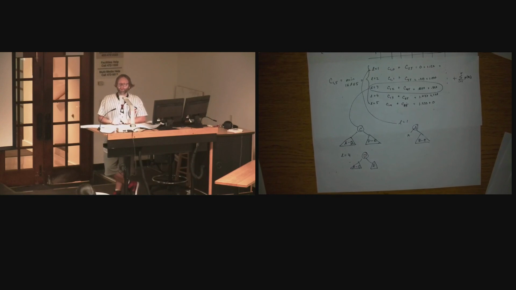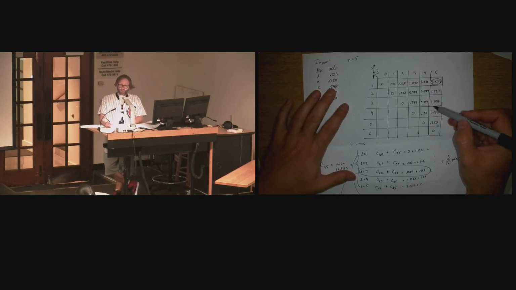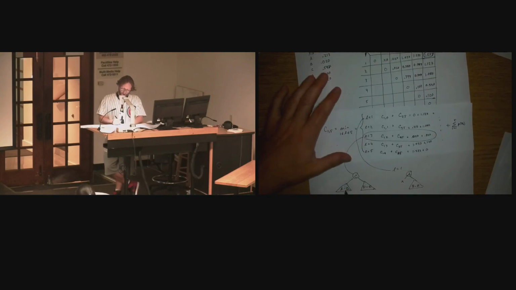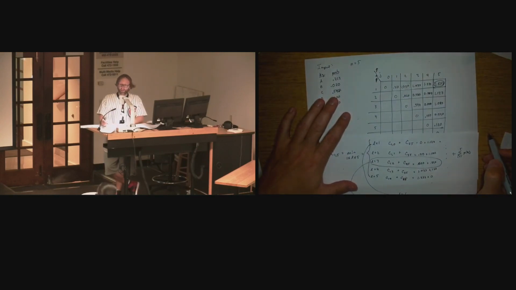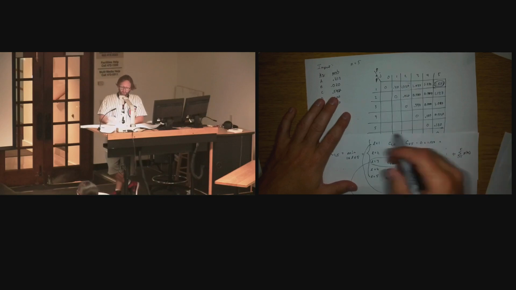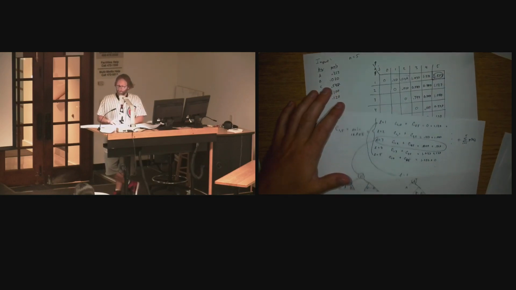What is the optimal substructure there? Fortunately, you already did it up here. How do you split from A to B? 1 to 2? Well, that's the best split right there. And presumably you've been keeping track of these L's so that you can rebuild the tree. That's what we'll do tomorrow. We'll show you how you can rebuild the tree, and then we'll write an algorithm to do it after we've gotten this filled out, along with the root table.